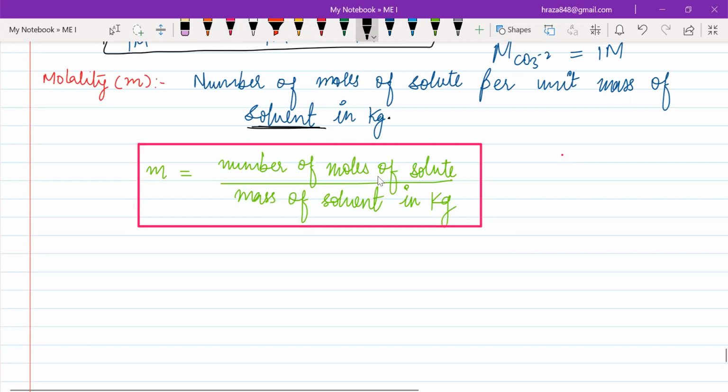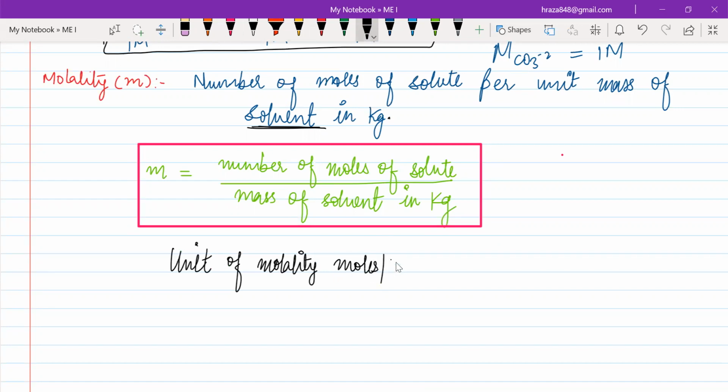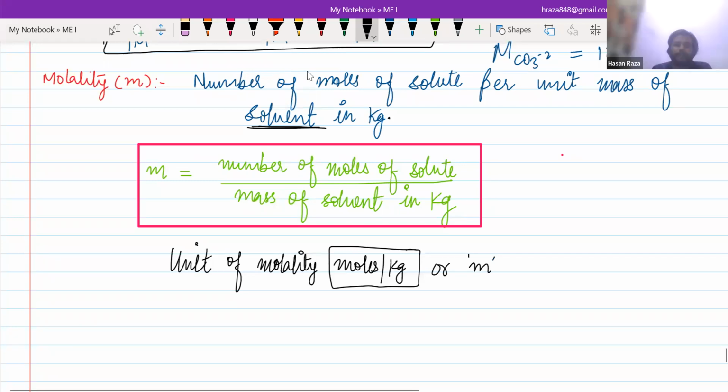From this formula you can easily calculate the unit as well. Unit of molality is number of moles of solute upon mass of solvent, that means moles per kg. This is the unit of molality, or you can directly use a small m in the way that you used for molarity. Is that clear?